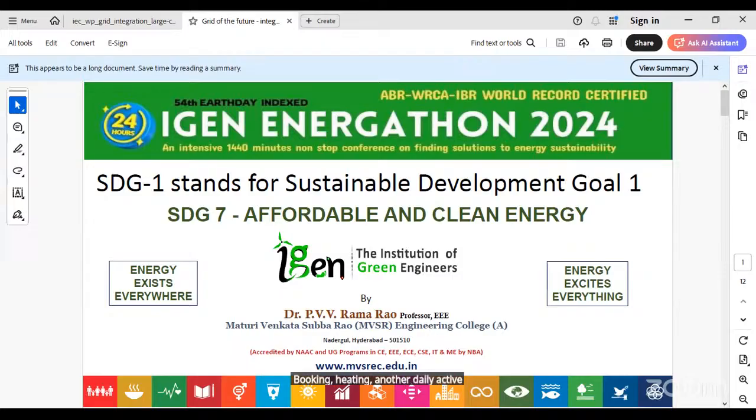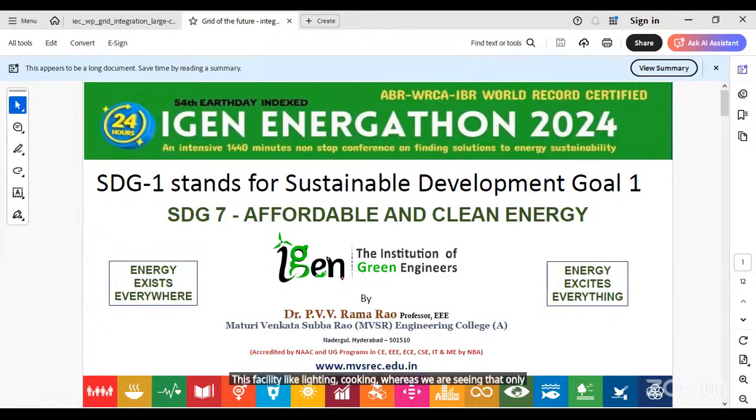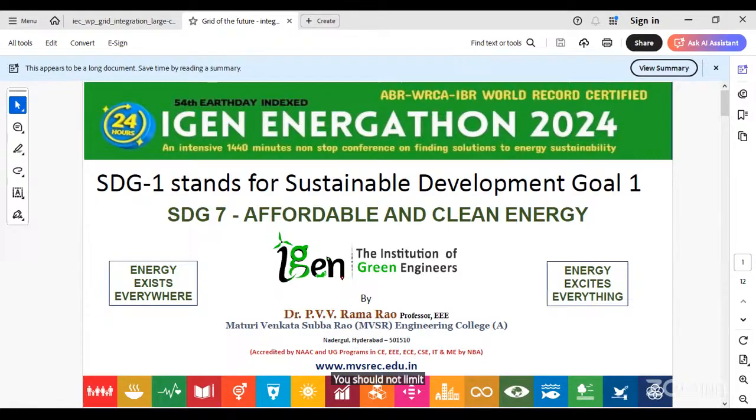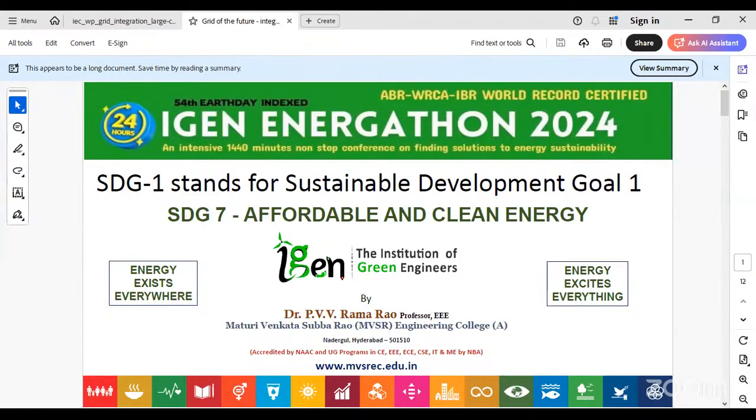If you are able to provide adequate, reliable, affordable, and clean energy for various needs of society, like lighting and cooking... Nowadays we are seeing renewable energy only for heating and transportation, like e-mobility. You should not limit renewable energy to just transportation and heating, but extend it to cooking, lighting, and other daily activities, right? So that it increases welfare and economic development.